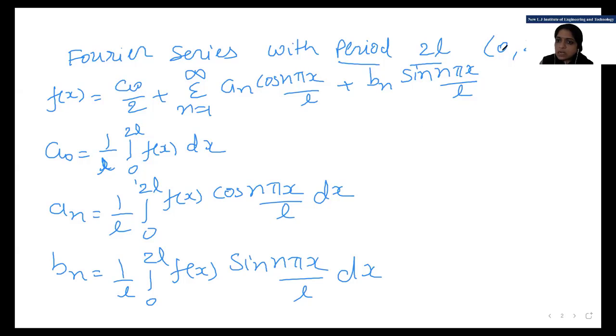So the starting point is 0 and our upper limit is 2L. So always we compare, whether 0 to 1 or 0 to 2 or 0 to 3, whatever, we always compare our upper limit with 2L. Okay, now understood? Devarsh, please confirm. Got it or not? Okay.